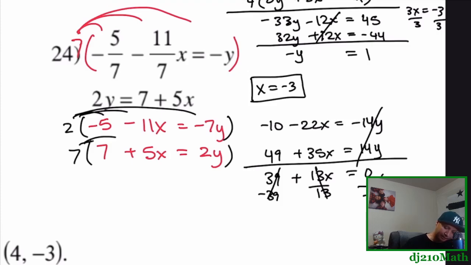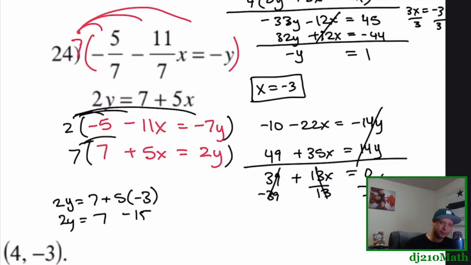All right, plug that into 2y is equal to 7 plus 5 times negative 3. That's basically negative 15 plus 7 is going to be negative 8.